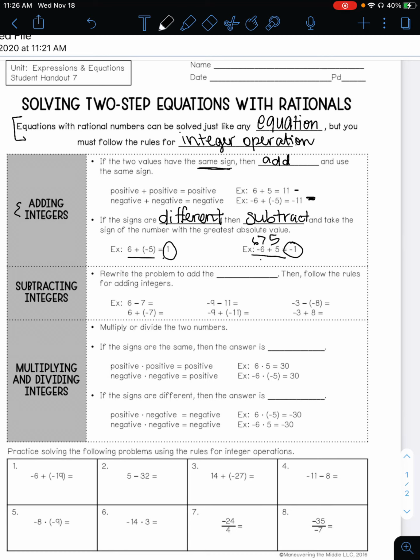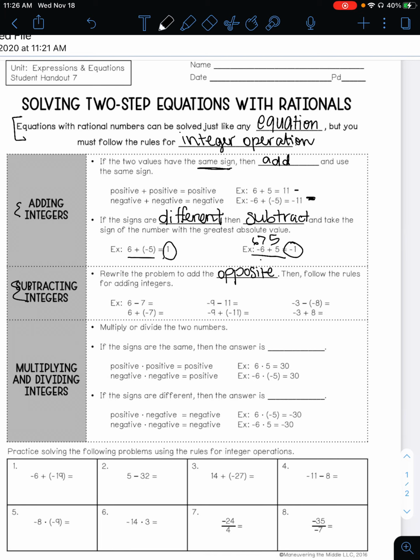For subtracting integers, you rewrite the problem to add the opposite. Then you follow the rules for adding integers. So 6 minus 7 should be written as 6 plus negative 7.